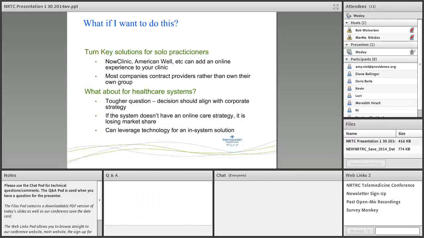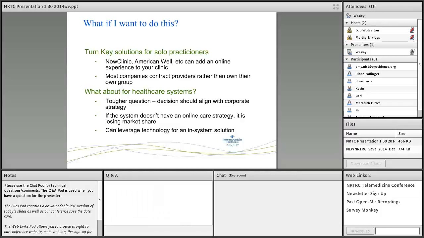Most of them contract their physicians rather than own them. So you apply and get on their network, and you can typically work from your office or your home or however you want to do it. That's certainly one approach, and probably for smaller entities or smaller practices or clinics, that's a great way to get into this space and start to learn.